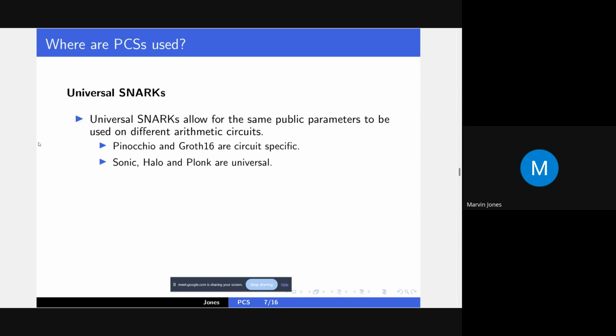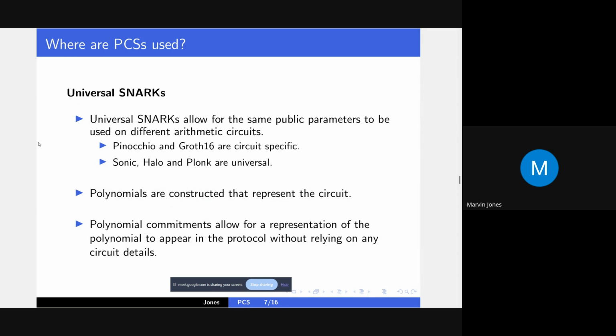Instead, what Sonic and Plonk, and by extension Halo, do, using the universal SNARK design philosophy of being able to use different circuits, is make the public parameters more general. Because of that, you can essentially generate your polynomial commitments using these public parameters.